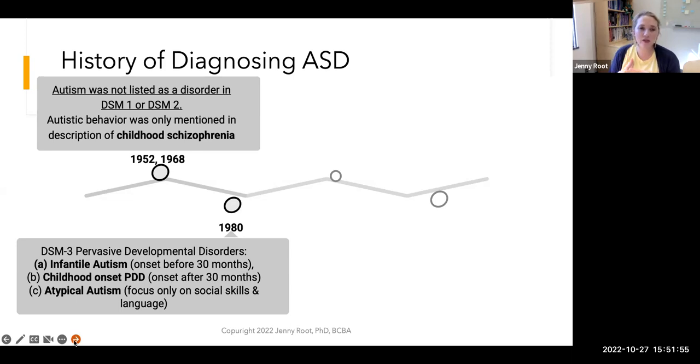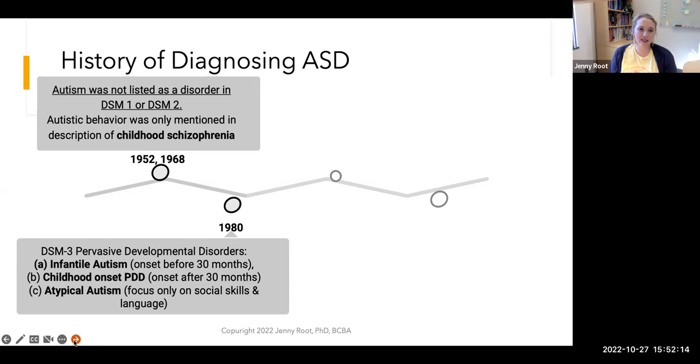And so it was categorized three ways. One was infantile autism, so the onset before 30 months. Childhood onset PDD, that stands for pervasive developmental disorder, and that's where the onset was after 30 months, or how the family perceived and recalled it.